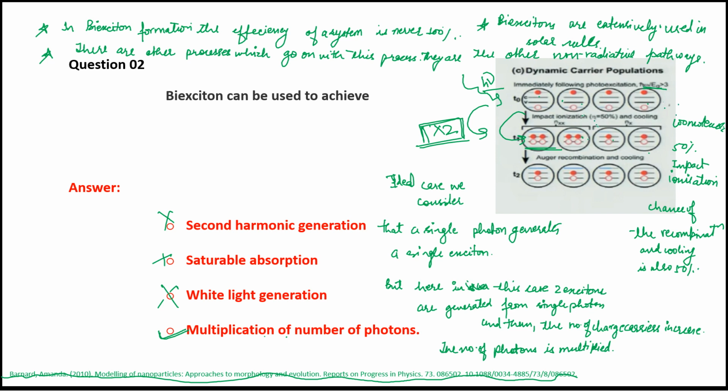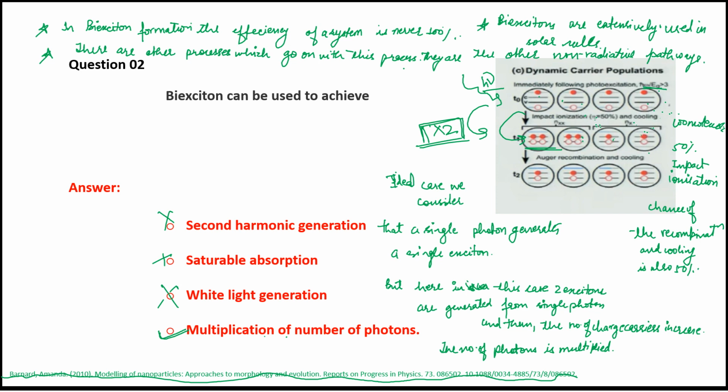There is another process of cooling that goes on simultaneously after this photoexcitation, where the electron and hole recombine and thus cause cooling. The excess energy is lost in the form of non-radiative decay. The third thing that happens, followed by this impact ionization, is that one of these biexcitons can recombine by Auger recombination and thus form a single exciton of higher energy. Okay. So for question 2, this last is the answer.